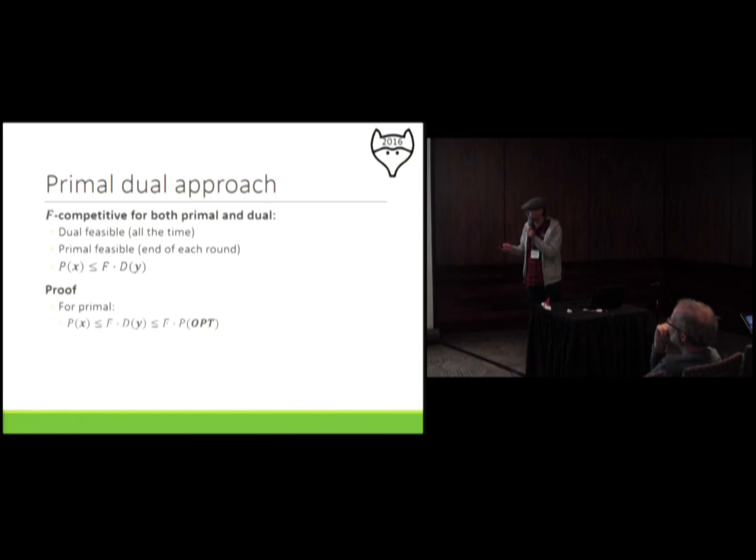We can prove this by weak duality, because the dual of any dual solution is smaller than or equal to the optimal primal solution. Then we can prove the primal is F competitive. And similarly, we can prove that the dual is also F competitive.